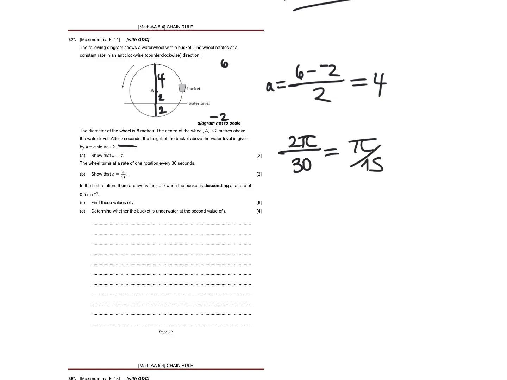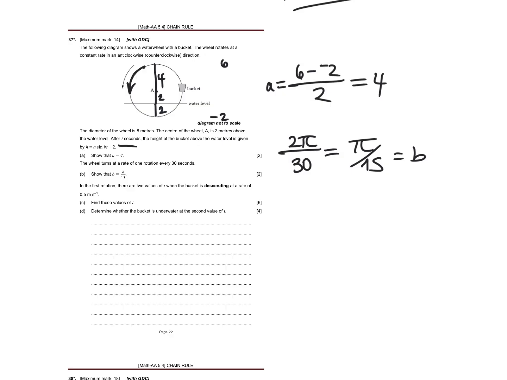That's pi over 15. That's B. Now, in the first rotation, there are 2 values of t when the bucket is descending at a rate. So this is, when the bucket's over here and it's going down at a rate of 0.50 meters per second. Find these values of t.